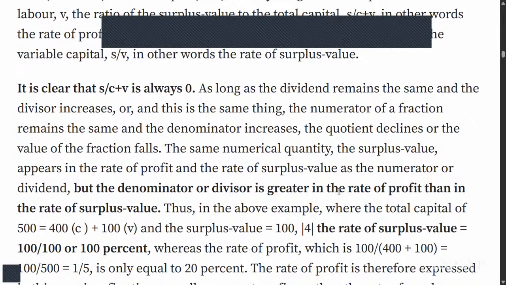The same numerical quantity, the surplus value, appears in the rate of profit and the rate of surplus value as the numerator or dividend, but the denominator or divisor is greater in the rate of profit than in the rate of surplus value.